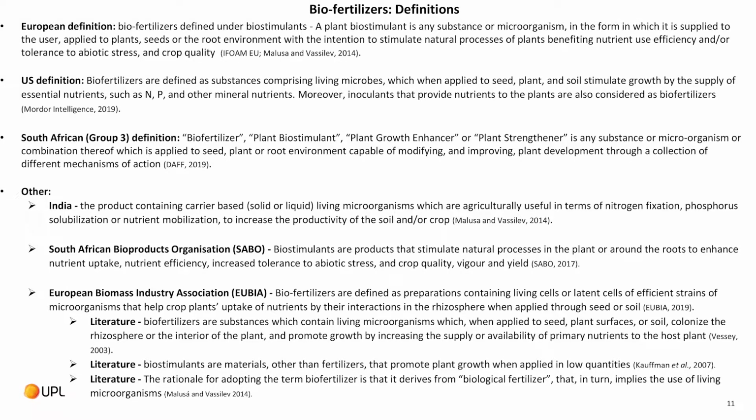In other types of definitions, included here is India. What is interesting is that India is one of the few countries that have already placed their biofertilizer definition into their legal framework. They define it as a product containing carrier-based, solid or liquid, living microorganisms which are agriculturally useful in terms of nitrogen fixation and phosphorus solubilization of the soil and/or crop.